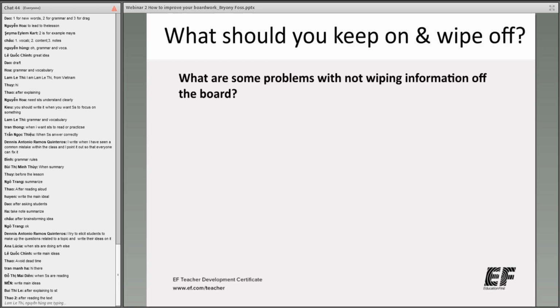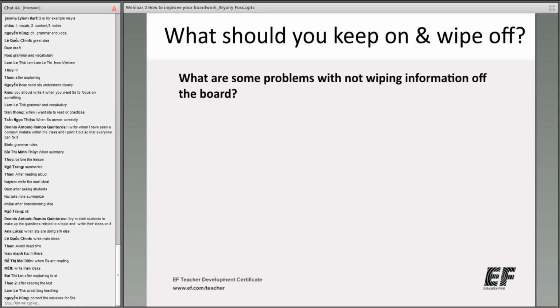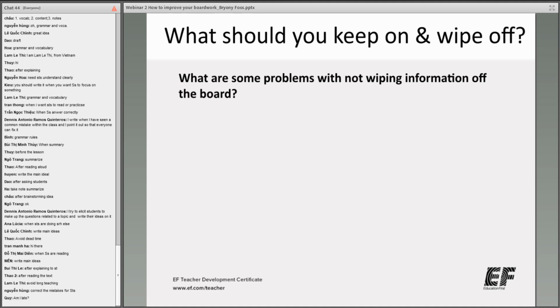The next thing I want to talk about is what you should keep on the board and what you should wipe off the board. What are some typical problems of not wiping information off the board? Imagine if everything you wrote on the board stayed on the board.